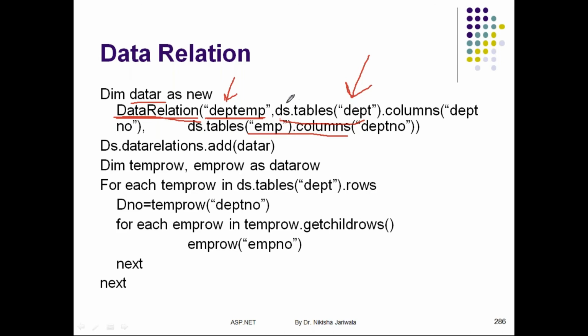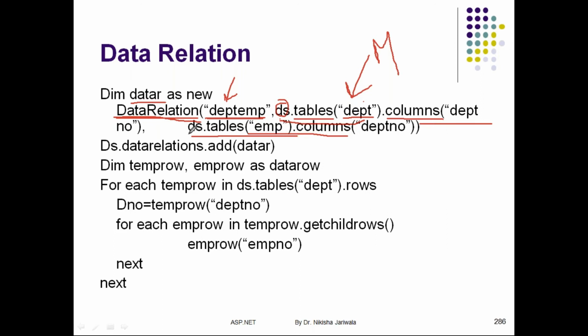That's why I have used DS, the dataset object. From that dataset object, I have used the Tables collection. From that Tables collection, I want to access the DEPT table. From that DEPT table, I want to access its Columns collection, and from that, DEPT-NO. So DEPT will be considered as the master table, and DEPT-NO is the column considered within this relationship for the master table. Now the third argument will be the child table and its column.